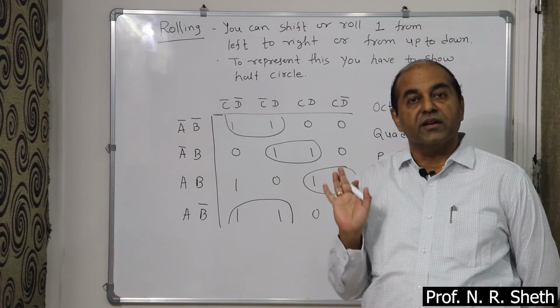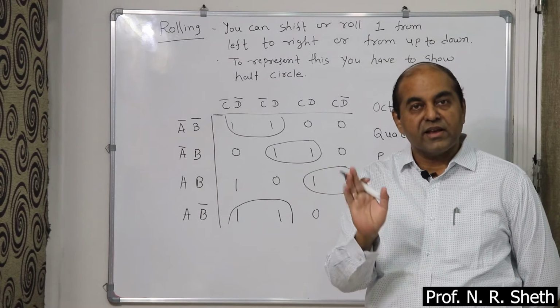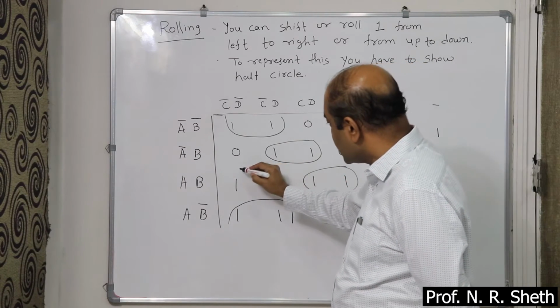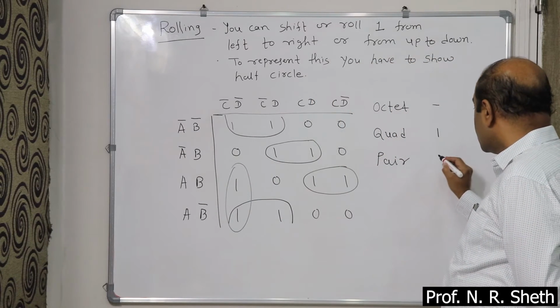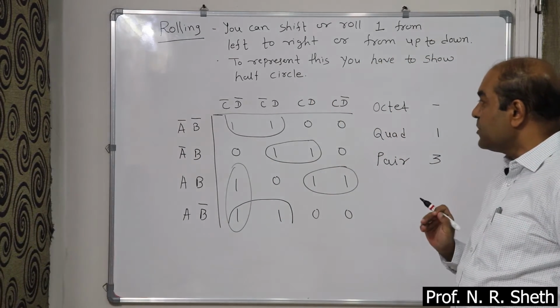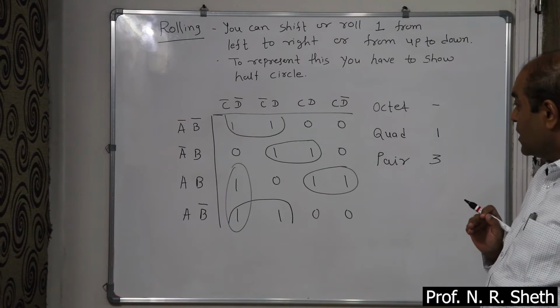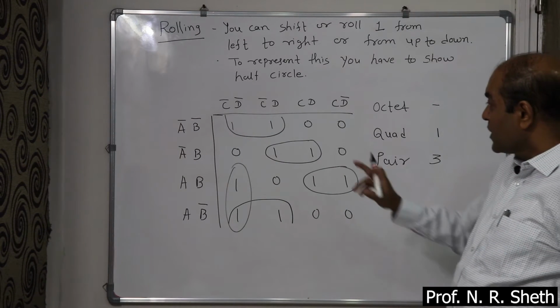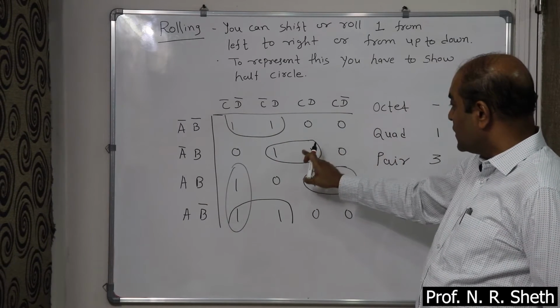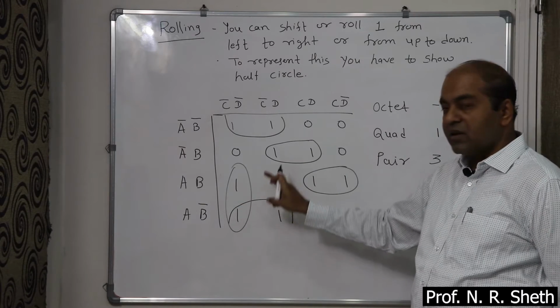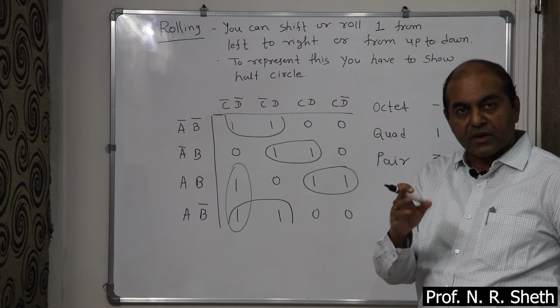Both answers are valid, but you have to choose any one. So let's say this one. So we have 3 pairs. Okay, 1 quad and 3 pairs. So prepare the equation.